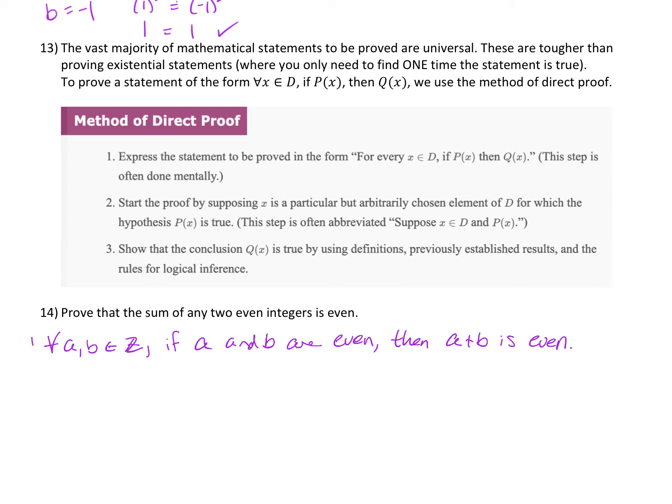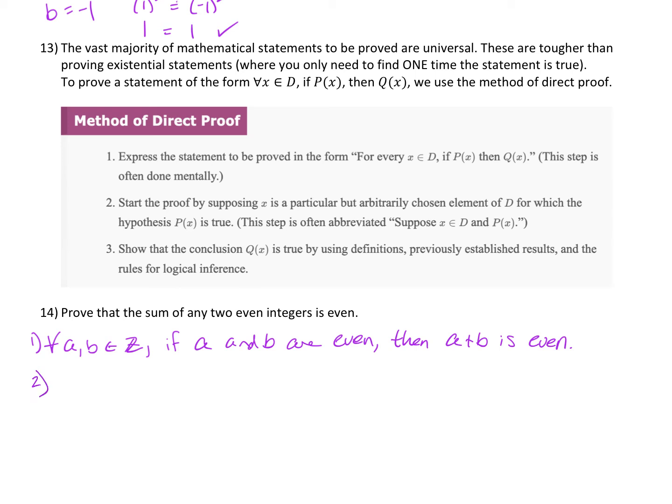So that's step 1. Step 2 in direct proof is to start the proof by supposing x is a particular but arbitrarily chosen element of the domain, for which the hypothesis P of x is true. We often abbreviate this: suppose x is in D and P of x.